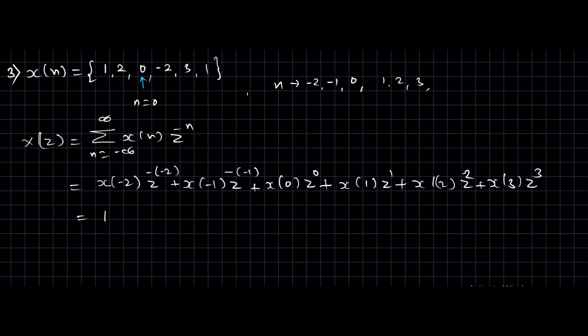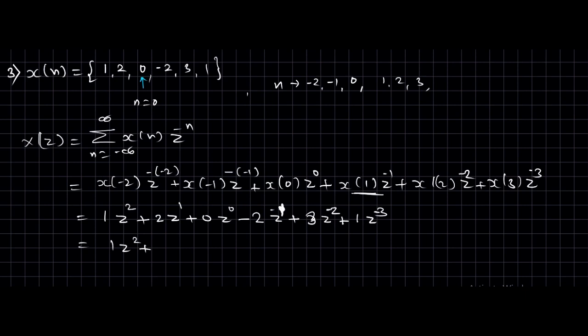X of minus 2 is 1, so it is z squared, plus 2 z raised to 1, plus x of 0, which is not 0, it is minus 1.